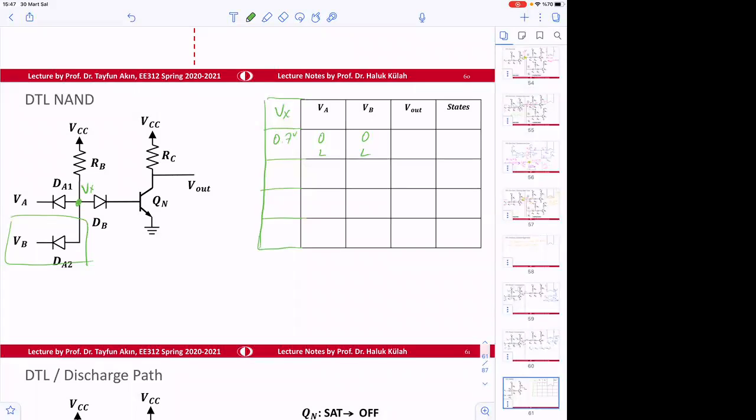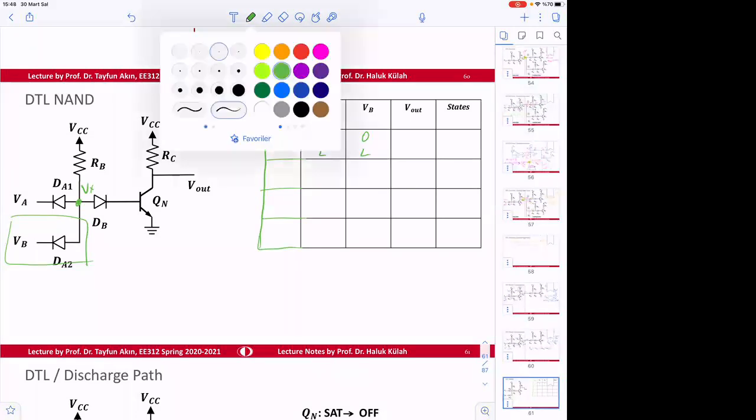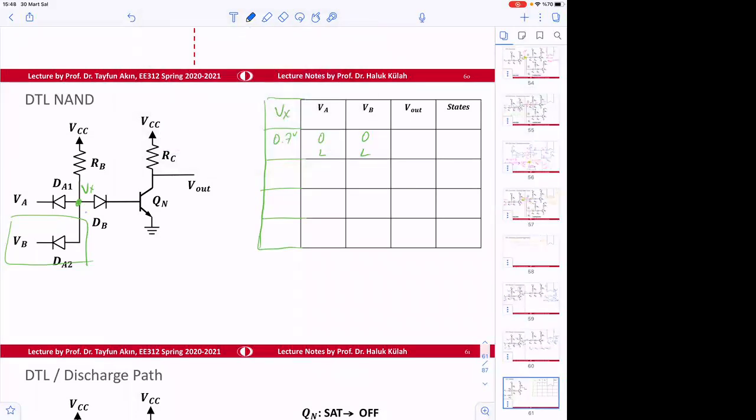Why? Both diodes are going to be on. So diode A1 will be on, the other one will be on. If this is the case, Vx is 0.7, then these two junctions cannot turn on. So this junction and this junction cannot turn on.